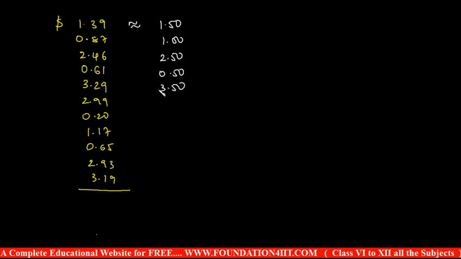Then 3.00 and 2.99 is 3.00. 0.20 is just 0.00. Then 1, 0.65 is 0.50, 3.00, and this also 3.00.